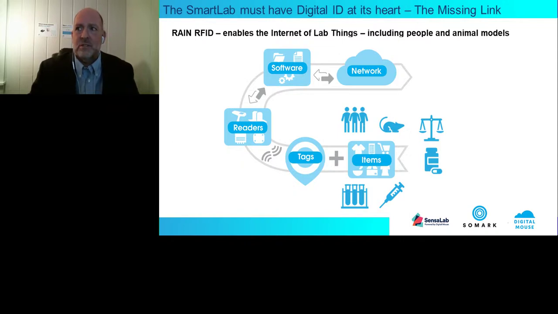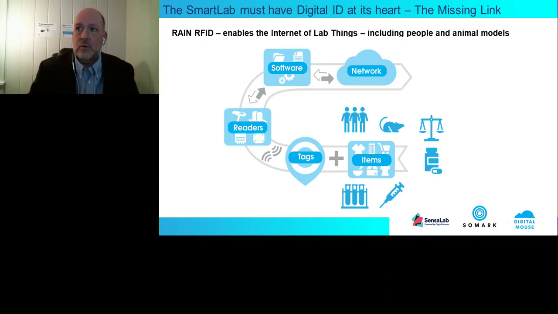Digital identification is the technology that is connected seamlessly to automated data collection, processing, and analytical processes. At the heart of the Somark SmartLab is a common method of digital identification. We propose the adoption of the RAIN RFID standard for identifying all your lab objects, including your staff, your animals, your samples, and your devices.